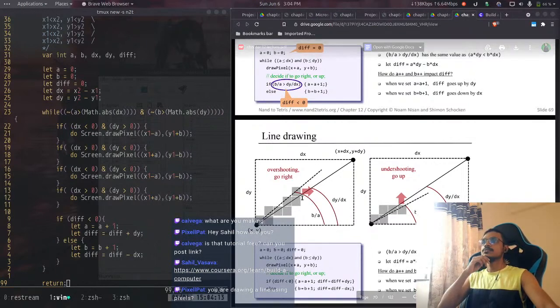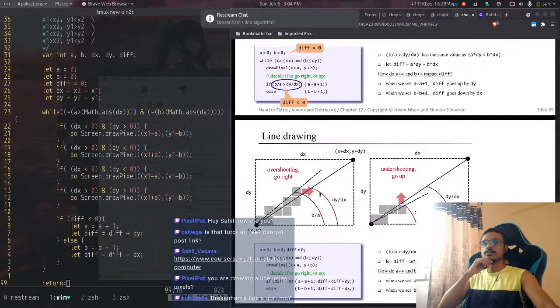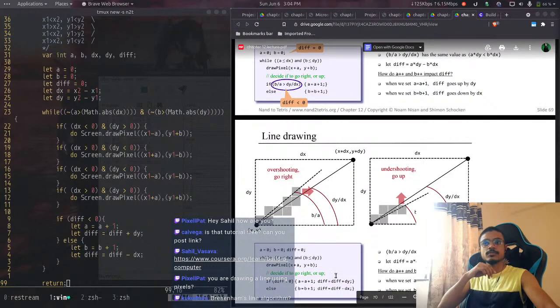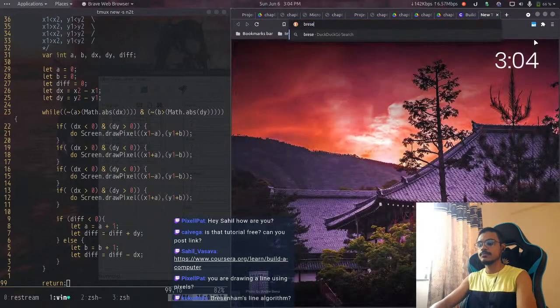Okay, so let's see. Bresenham, is that the name of this algorithm? I don't know. I mean, I'm just following the instruction of this course. Let me try to search it. Bresenham's line algorithm.